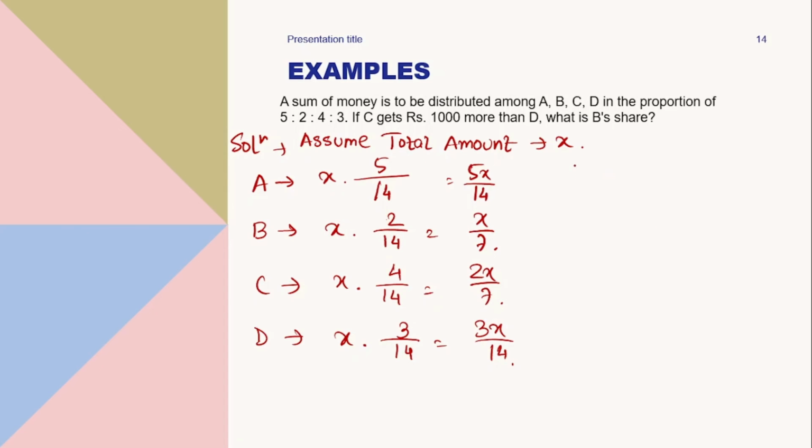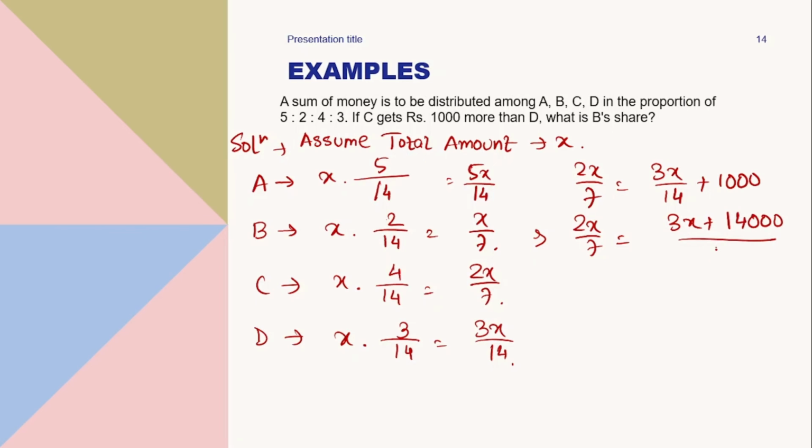Okay, now according to the question, C gets rupees 1000 more than D. So I can write that 2x by 7 equals 3x by 14 plus 1000. So it will be 2x by 7 equals 3x plus 14,000 by 14.